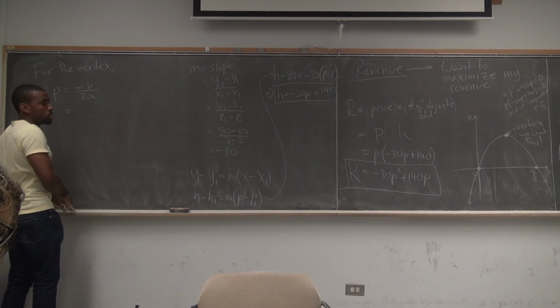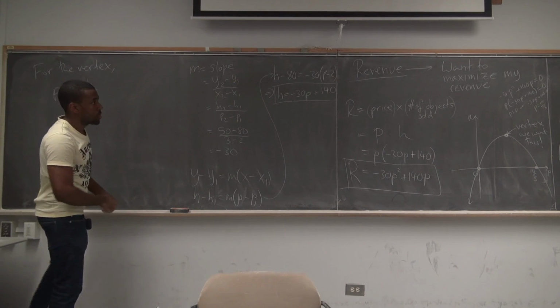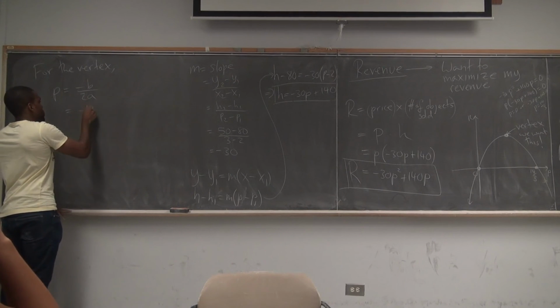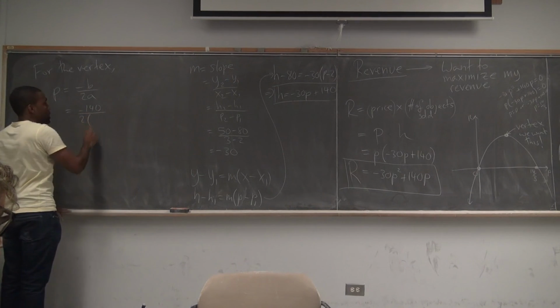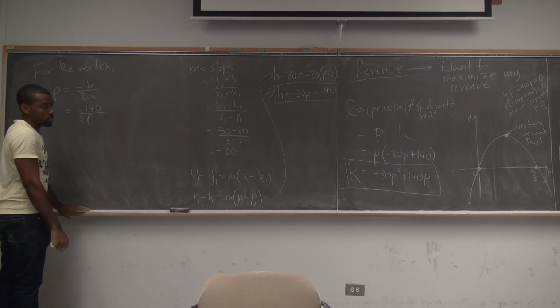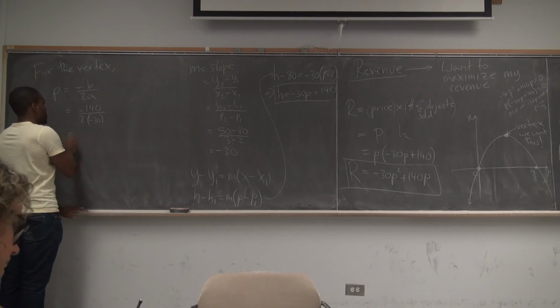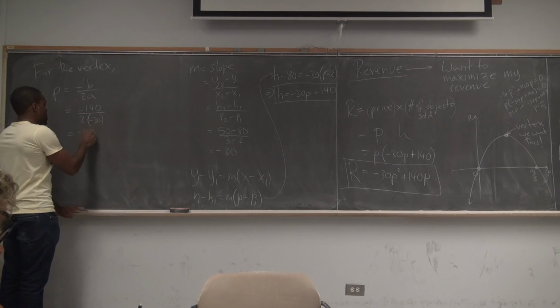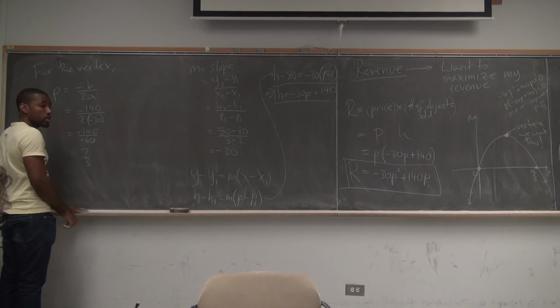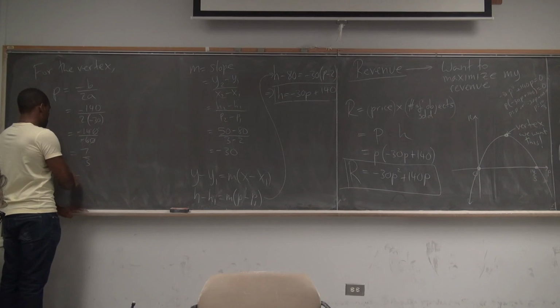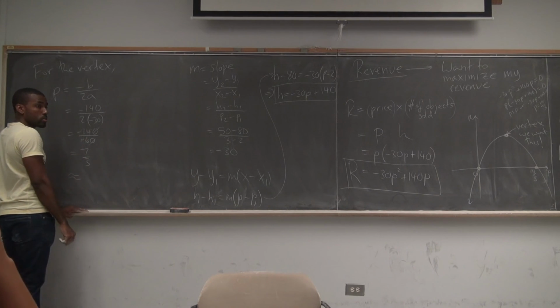B in this case is 140. So it's minus 140 divided by 2 times minus 30. So that's minus 140 over minus 60. Negatives cancel, 2 goes into this. That's 7 over 3, right? Which is, 7 over 3 is what?